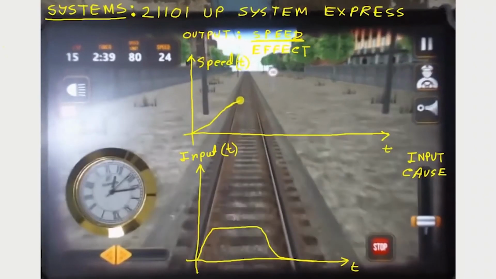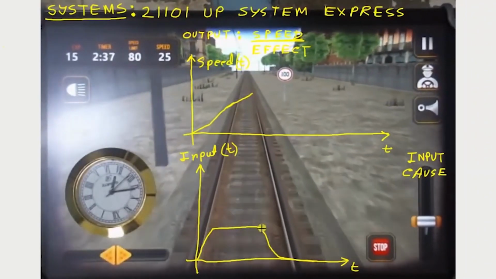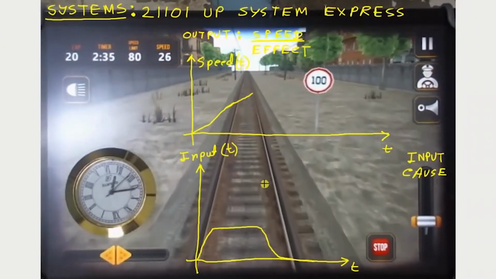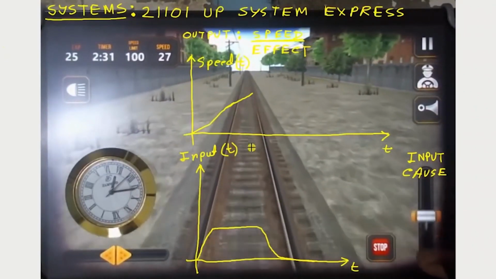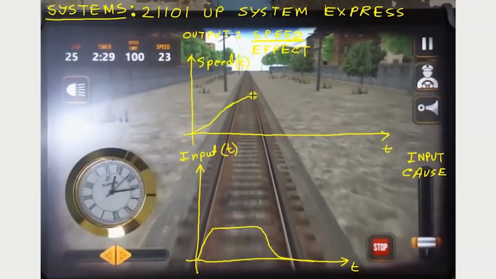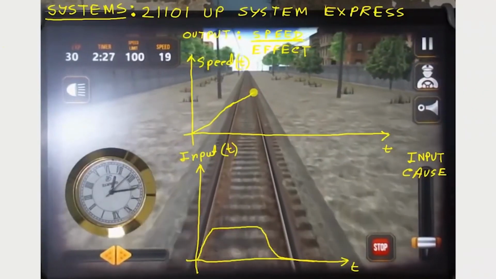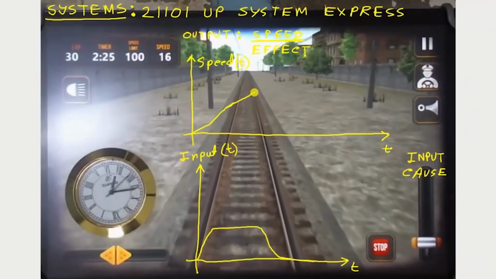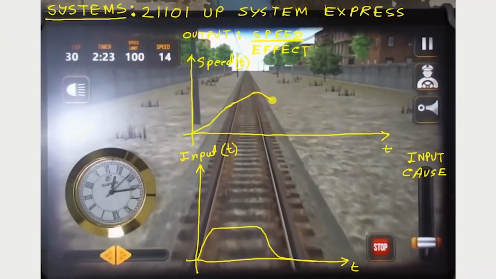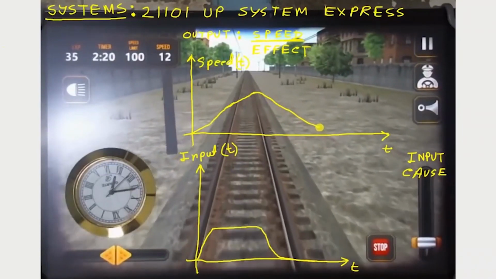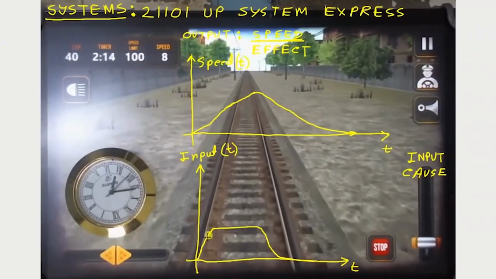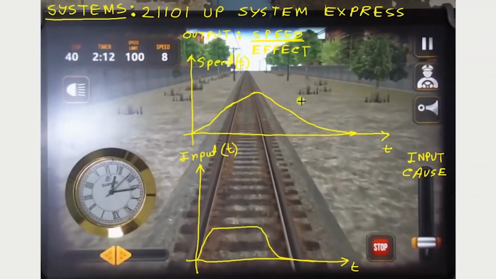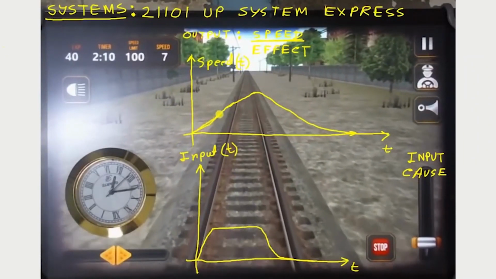It keeps increasing up to this point. When I decrease this lever position, the speed does not become zero instantaneously, but it goes down to zero slowly. This is how the input as a function of time and output as a function of time looks like.